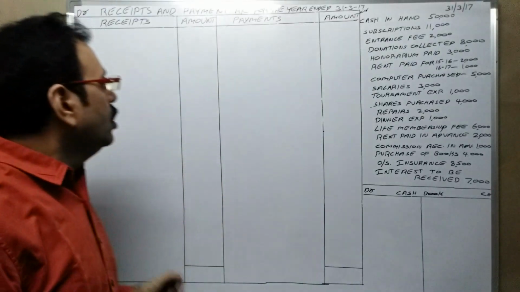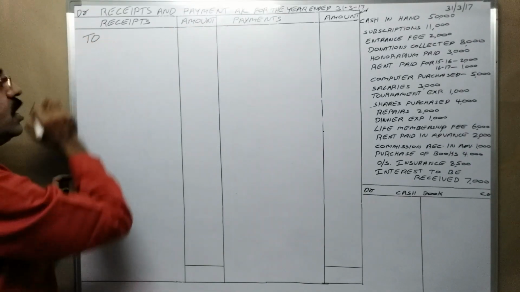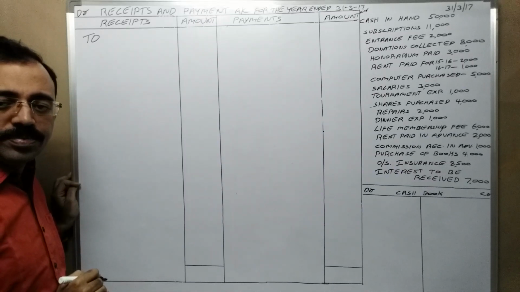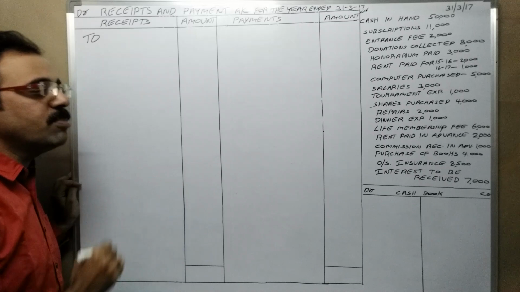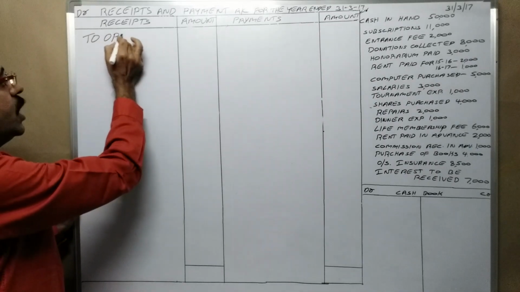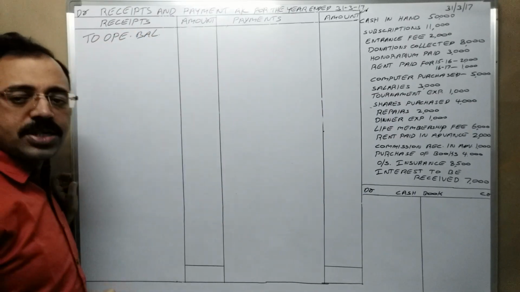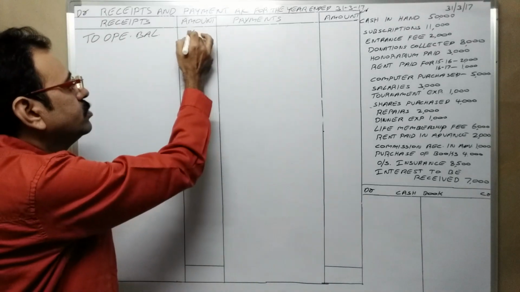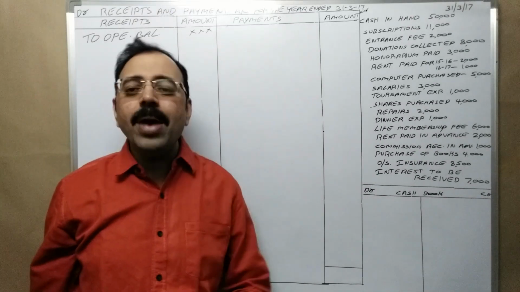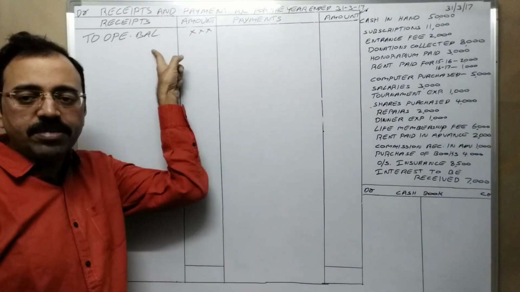Then receipts and payments account will start with the opening cash balance. In the question he gives us some cash balance. That balance we should take on the debit side, opening balance of cash, some amount. Sometimes he may give opening bank balance also. Then that amount also we should write on the debit side.